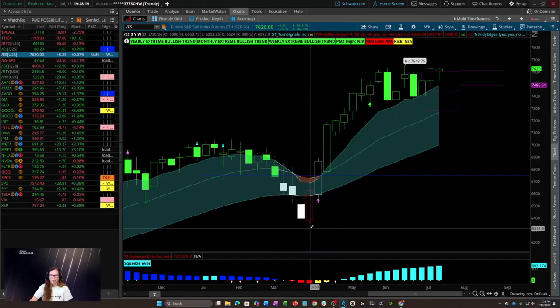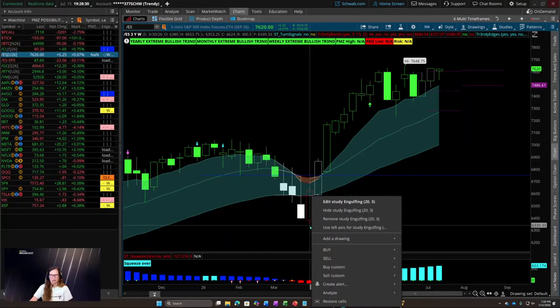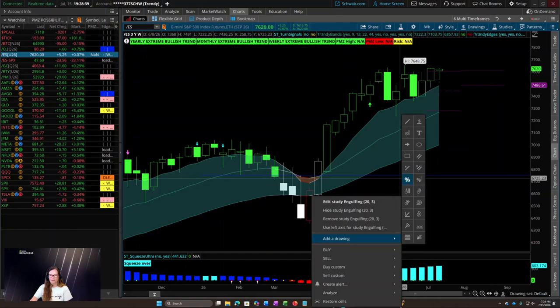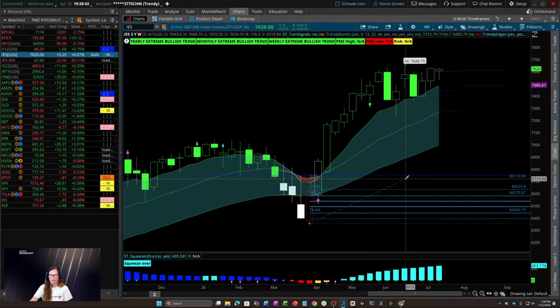So I right click. This is all done on TOS. Okay. That's the platform I use. So that's what I'm teaching on. You go to add drawing and you choose the percent right here. This is the Fibonacci retracement tool. I click on that.